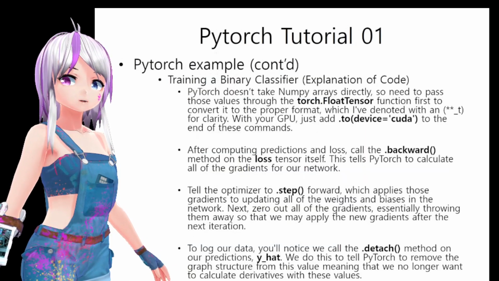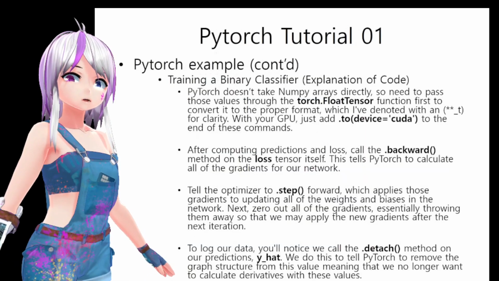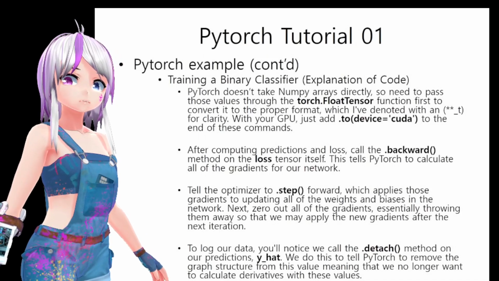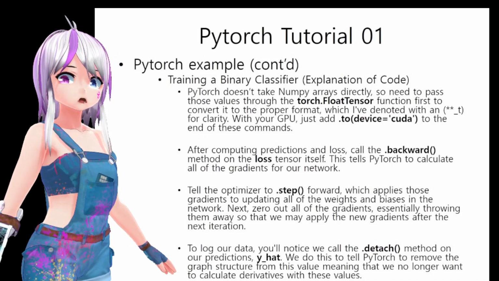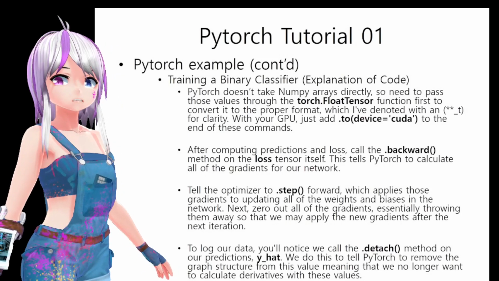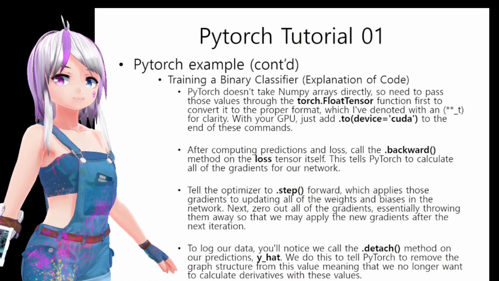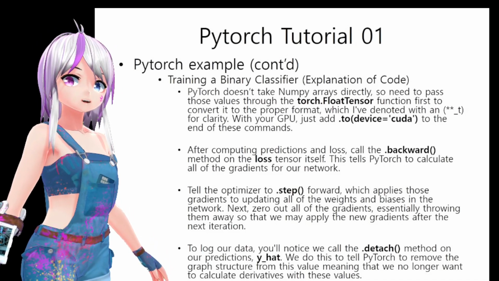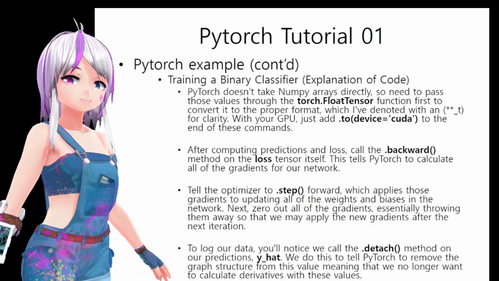Okay, let's explain the code example of training a binary classifier. Number one, PyTorch doesn't take NumPy arrays directly, so we need to pass those values through the torch.FloatTensor function first to convert them to the proper format.